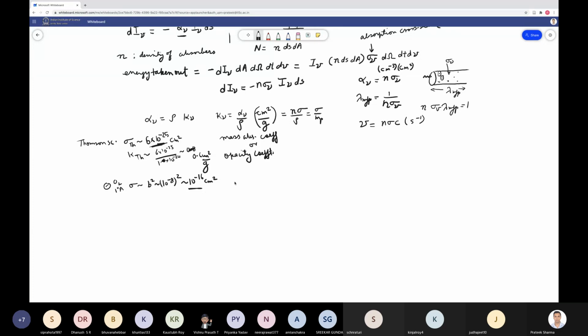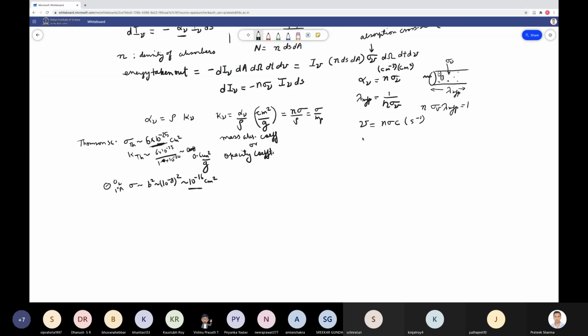For example, light that comes from the sun through the atmosphere does not interact much with the atmosphere, but the gas molecules in the atmosphere are interacting much more. So it's useful to know these order of magnitude cross sections.